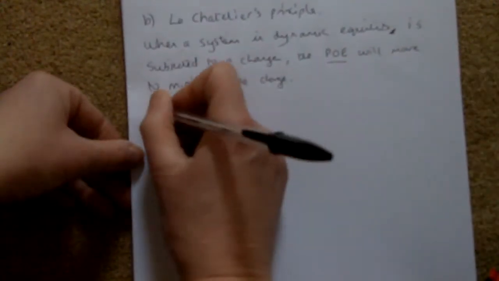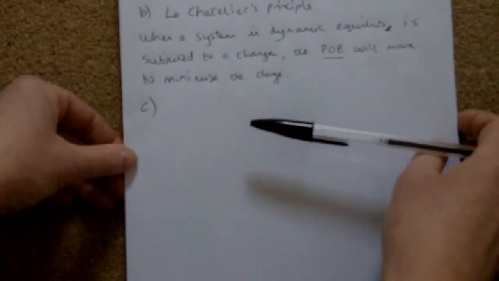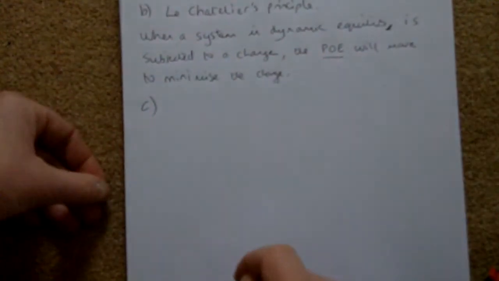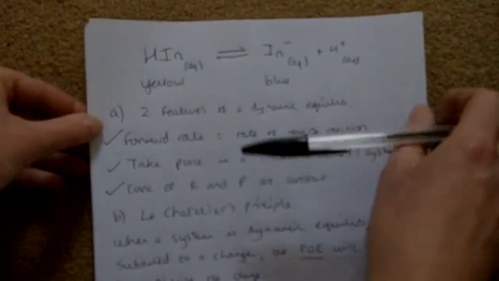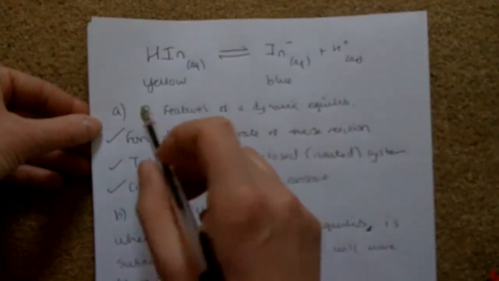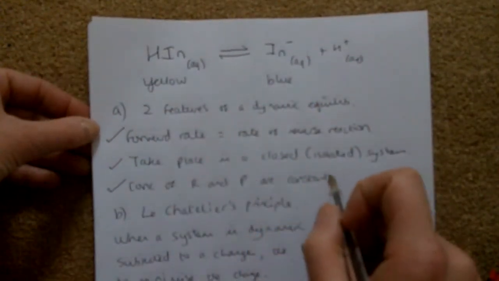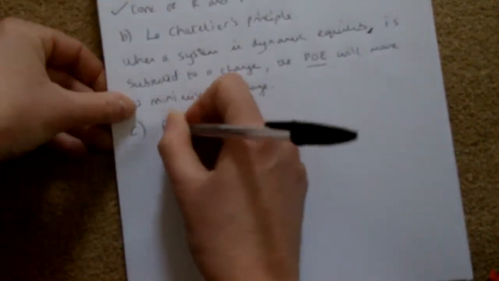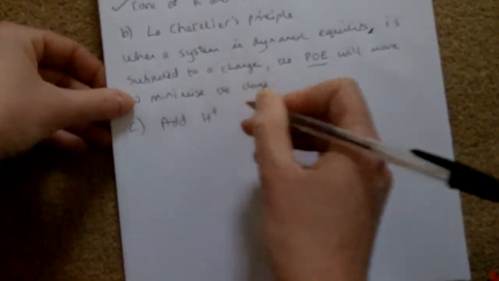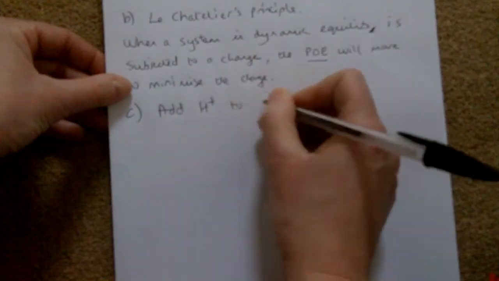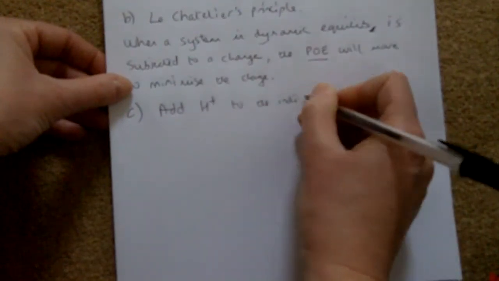Okay, part C. Hydrochloric acid is added to the solution above, the indicator. So hydrochloric acid is added to this equilibrium until no further change takes place. So you're adding H plus to the indicator solution, which is shown above.